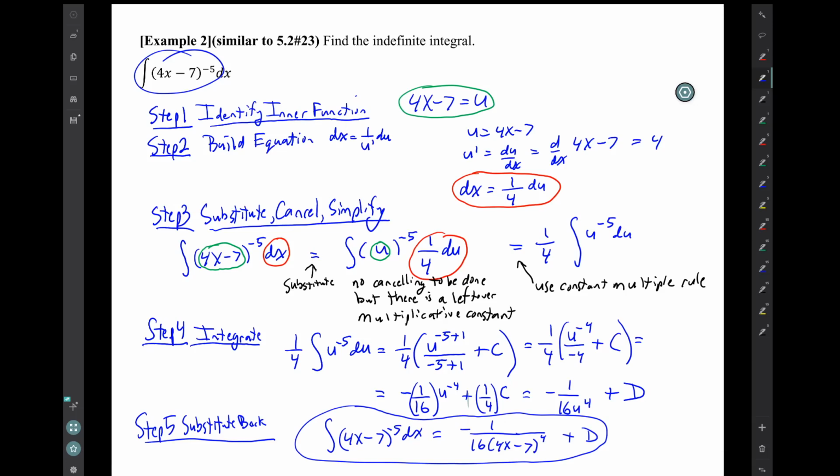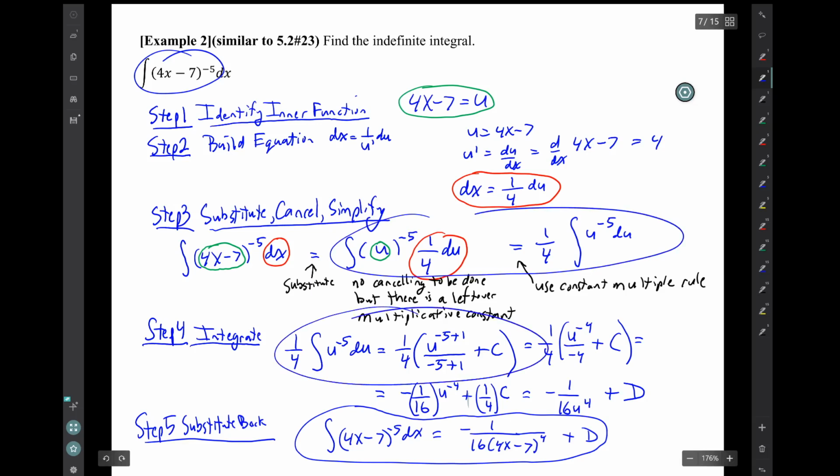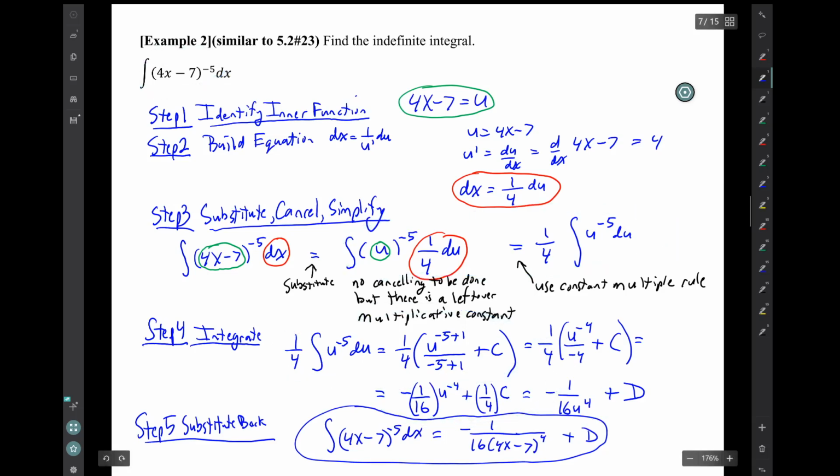That made it convenient for finding the integral. All of these steps in the middle were nice, but in the end, when we end up with this expression involving u to the minus 4, it's nice to convert that to positive exponent form: 1 over 16 u to the plus 4. Let's go on.